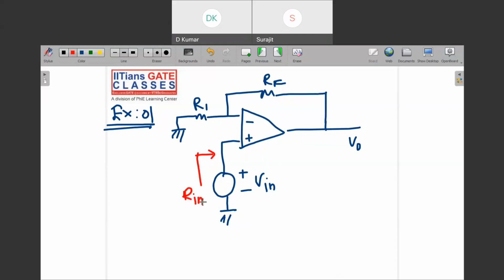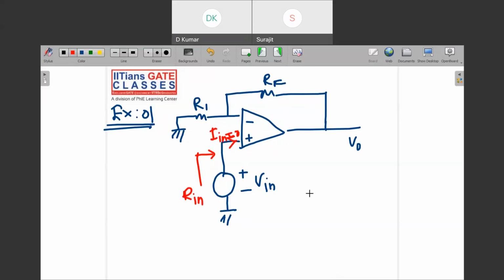While finding R in or input resistance, you don't have to deactivate anything, or replace any voltage source or current source with its internal impedance. As far as we know, the op-amp does not draw any current, right? So here I in will be 0.